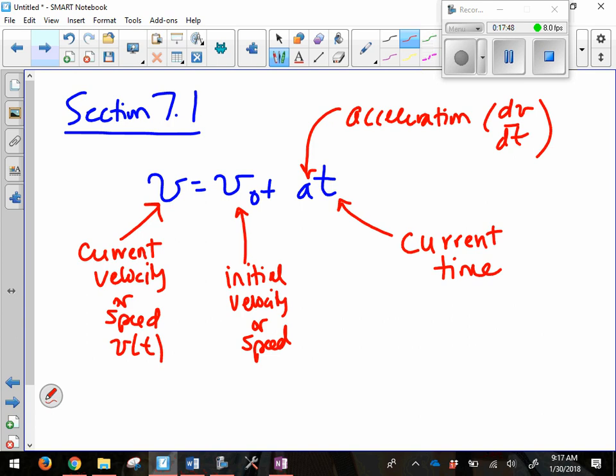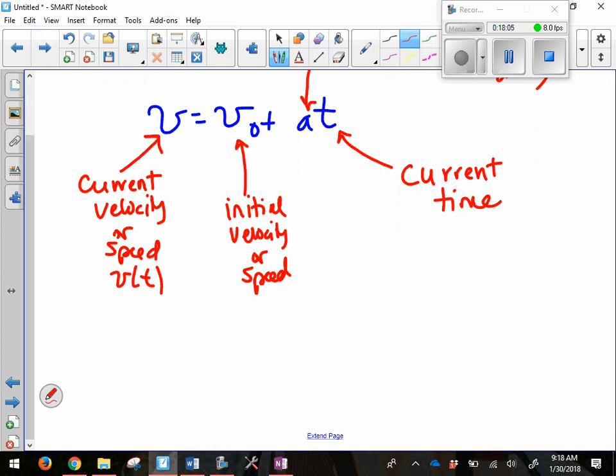Okay. That's why they have cases. All right? So everybody got it? Not that hard? So as Zoe pointed out, we can also write A as dv dt.